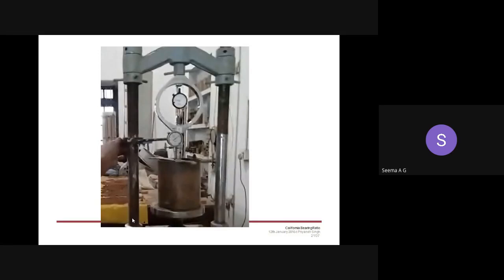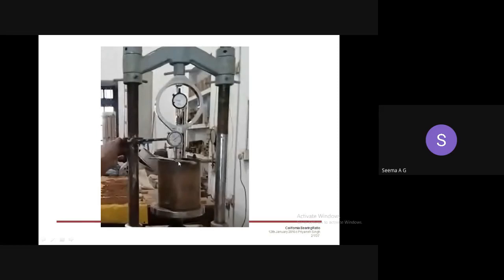So this is a CBR testing machine in our laboratory. You can see a base in which you are placing the mold with the soil sample. Now there is no surcharge weight in the mold, as that is already removed before soaking. Even if you are not giving soaking, you have to remove the spacer disc before testing. So the mold is placed on the base of the CBR testing machine.